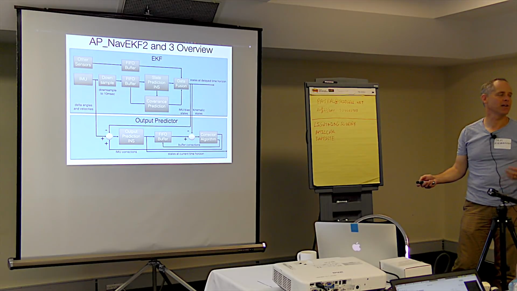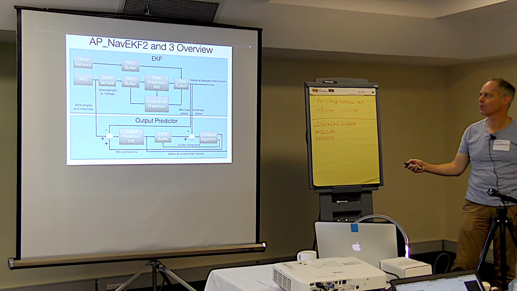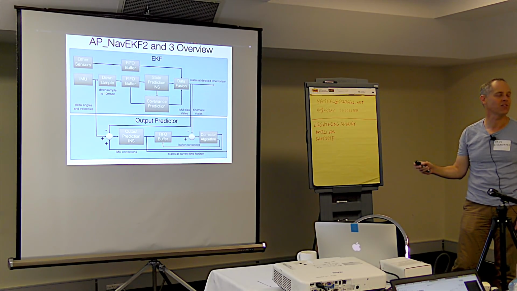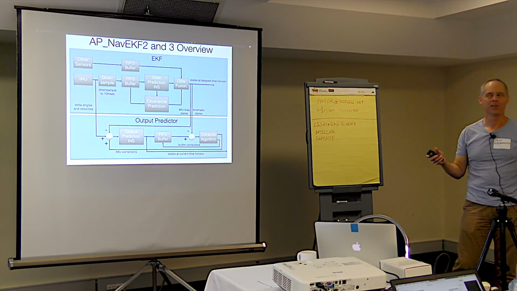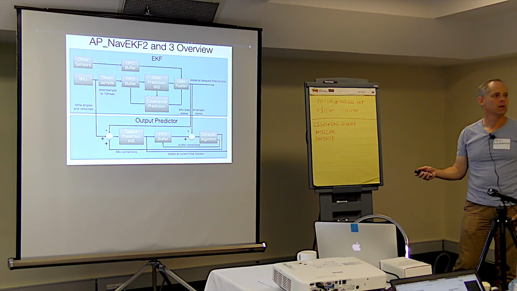The other way that you can make data not used is to push data into this buffer so quickly that the data gets overwritten before it falls behind the time the EKF is using. So that's the other way you can muck things up. Throw data at the EKF buffers at a very high rate, faster than IMU?